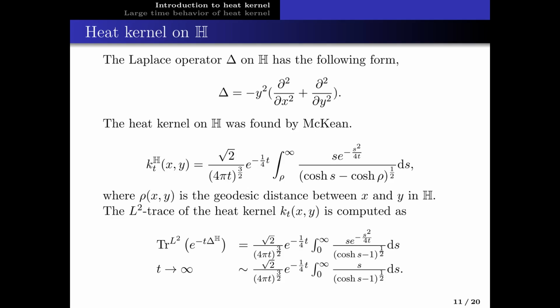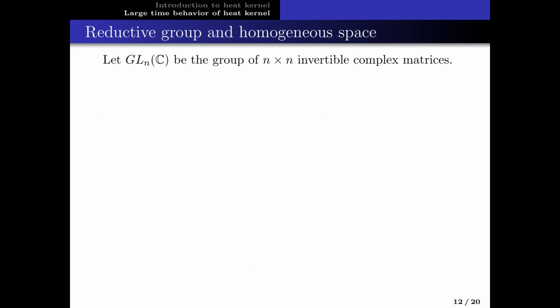So now let's continue. I want to generalize the examples we have to the general homogeneous space. So please bear with me about the general framework. We're looking at GLN C, the invertible complex valued matrices.